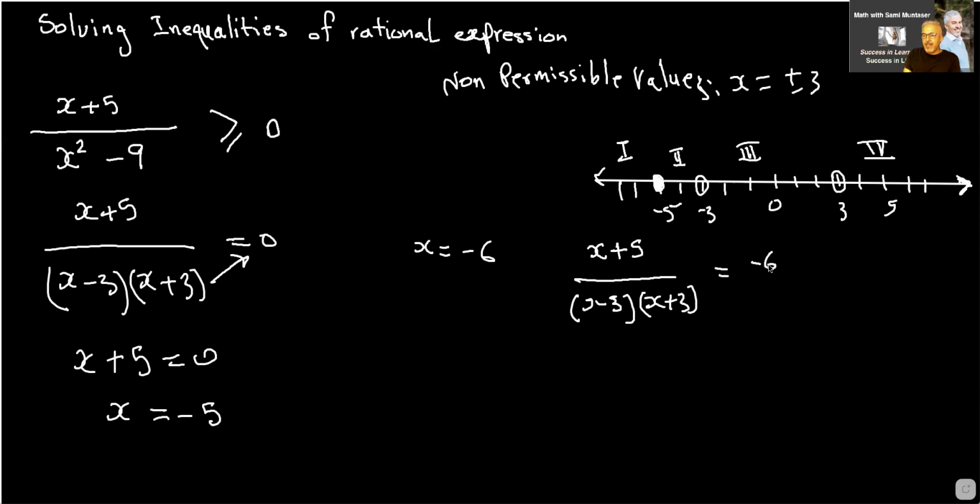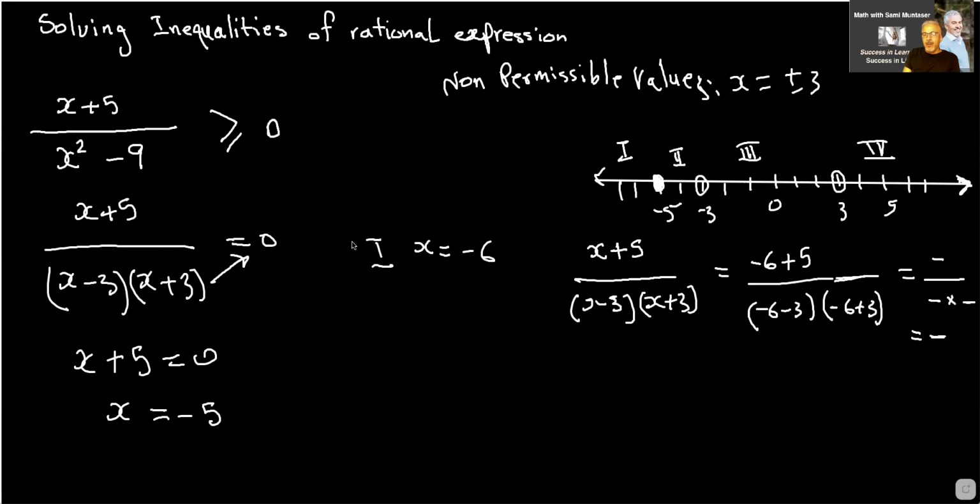So I got negative 6 plus 5 over negative 6 minus 3, and negative 6 plus 3. The top is going to be negative. This is going to be negative 9, so negative, and this also, negative 6 plus 3, you're going to get negative there. So negative times negative on the bottom is positive. Negative divided by positive, you get negative. When you get a negative number, is that greater than or equal to 0? No. So you don't shade in region 1.